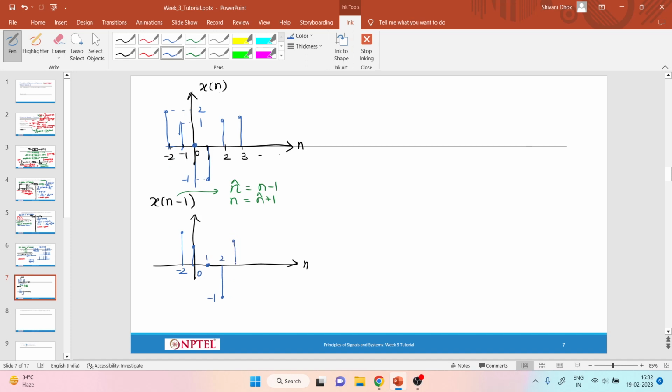This black one is just where I extended the axis.